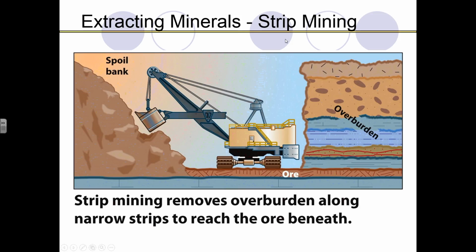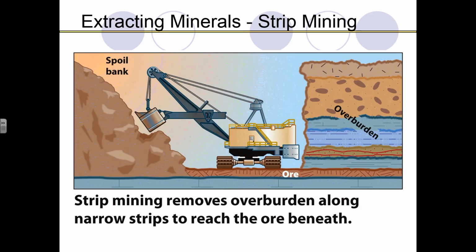Strip mining, this is another type of surface mining, and I think I explained this to you in class, but basically with strip mining we're going to mine in strips, and we are going to remove something called the overburden. And you need to know what overburden and what a spoil bank is. It doesn't define it on here, but you can see the words there.